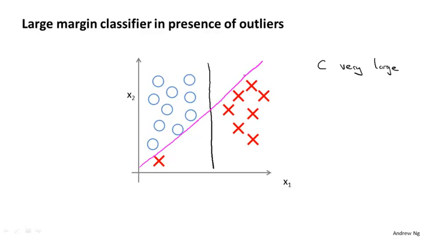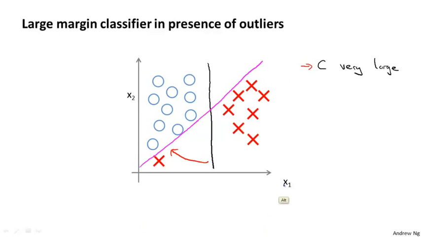And it's really not clear that based on a single outlier, based on a single example, it's such a good idea to change my decision boundary from the black one over to the magenta one. So if the regularization parameter C were very large, then this is actually what the SVM will do. It'll change the decision boundary from the black to the magenta one.